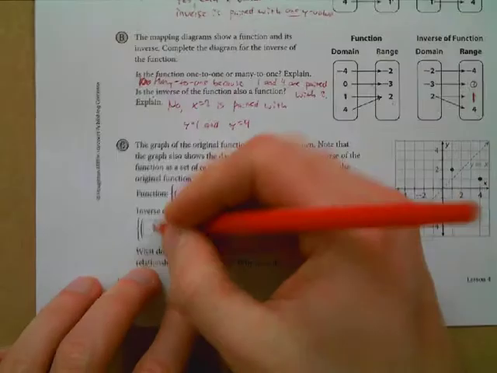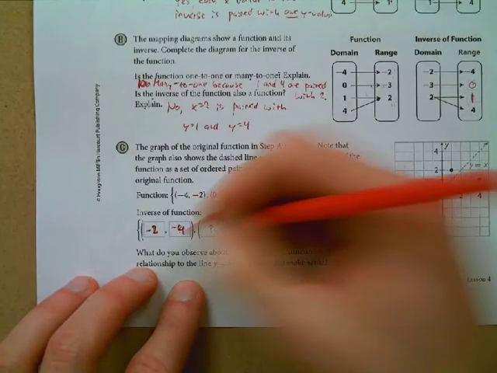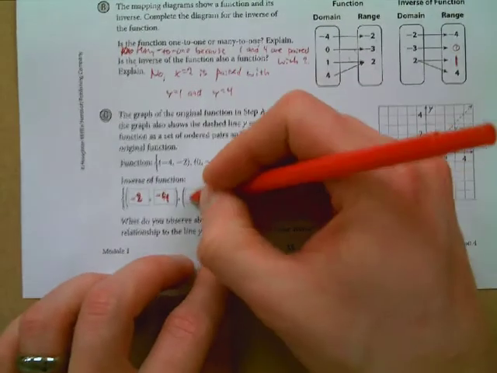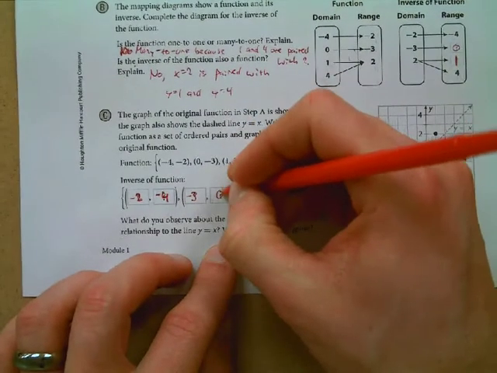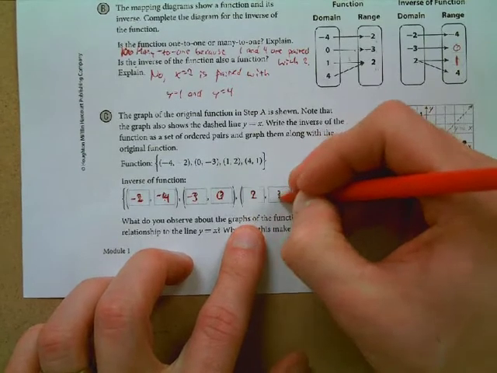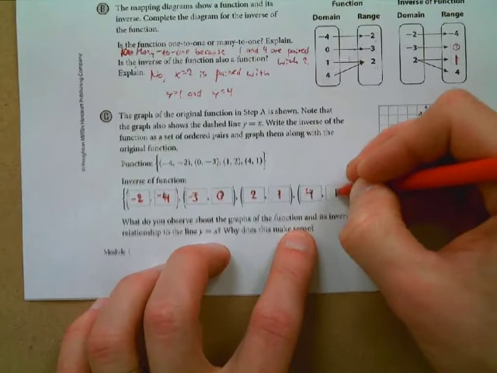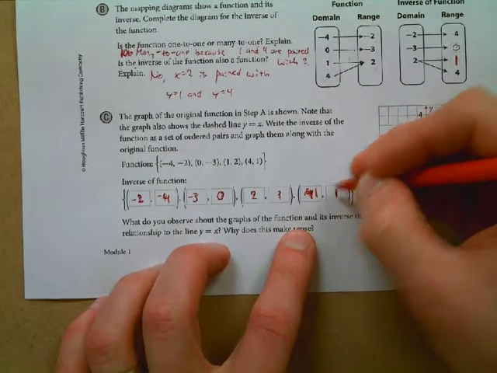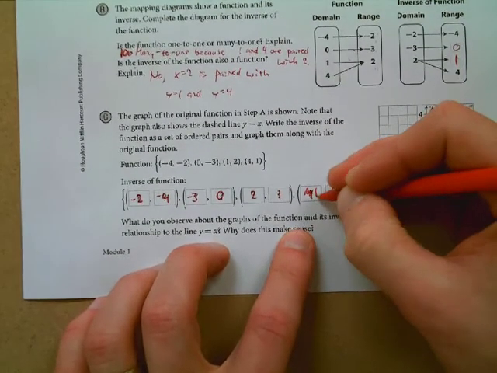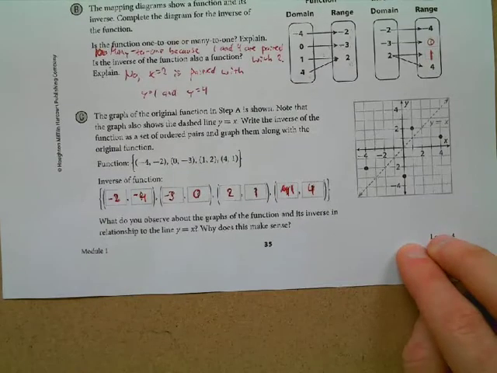So -4, -2 becomes -2, -4. 0, -3 becomes -3, 0. 1, 2 becomes 2, 1. And then 4, 1. Whoops, I messed that up. It should be 1, 4. All we're doing there is flipping around the x and y coordinates.